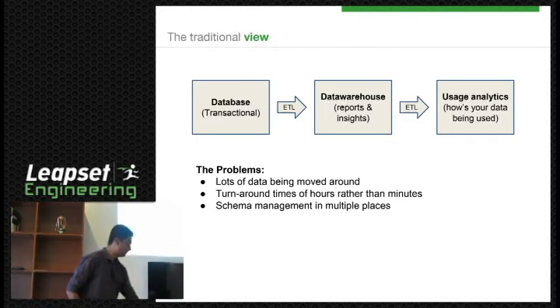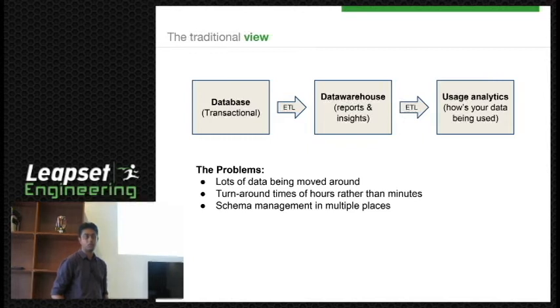That requires a lot of data being moved around, right? When you have terabytes or petabytes of data, moving data through systems is not a very effective way. It's not practical, and the turnaround time will increase day by day as you scale.